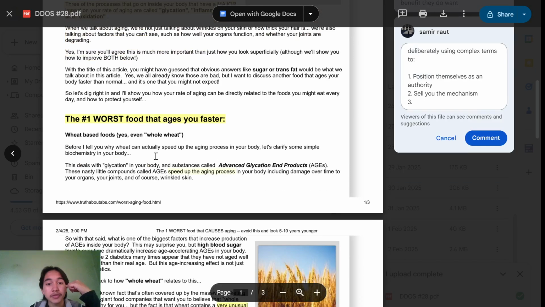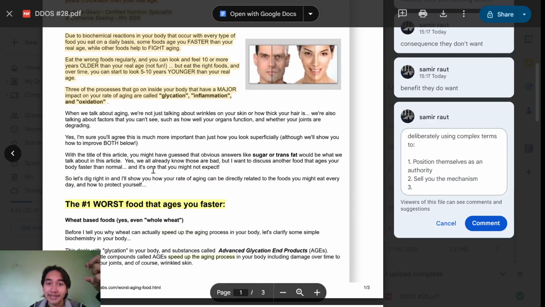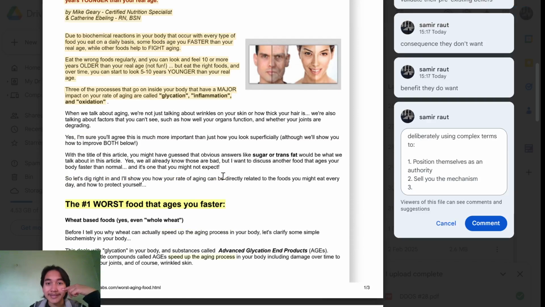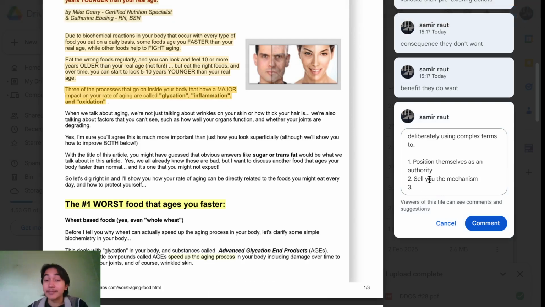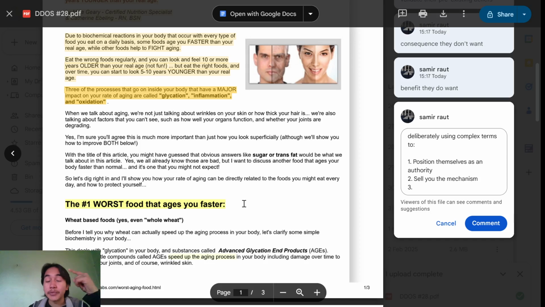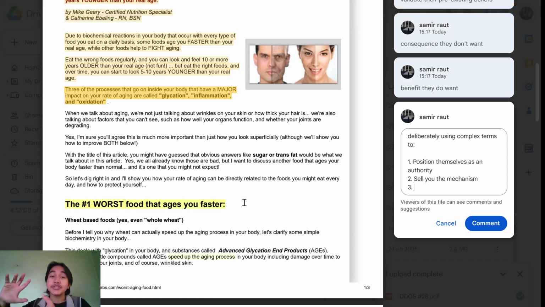So they're going to introduce a food and tell you why it's good, because it has, let's say, oxygen in it, for example, that helps to regulate glycation, avoids inflammation, and reduces oxidation and stuff like that. Meaning they educate you enough that you can actually understand what they're talking about.